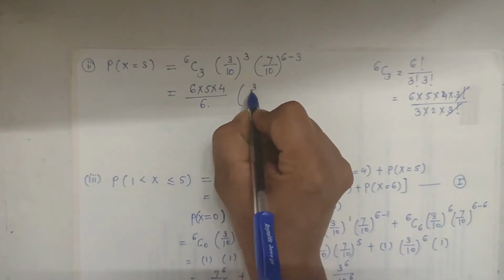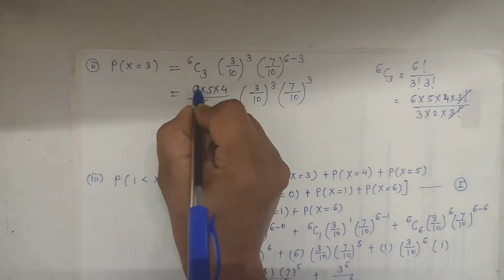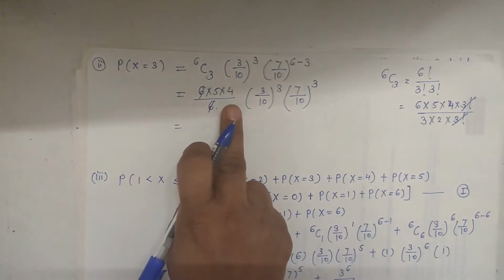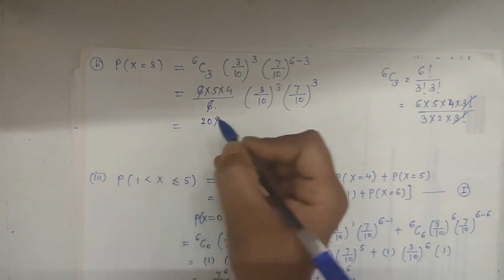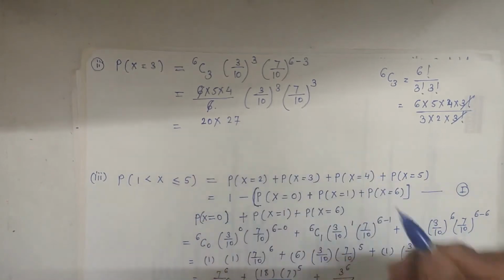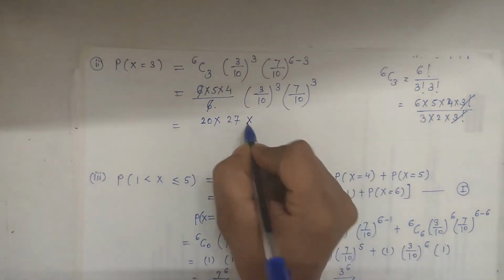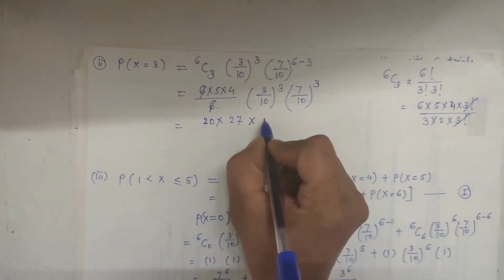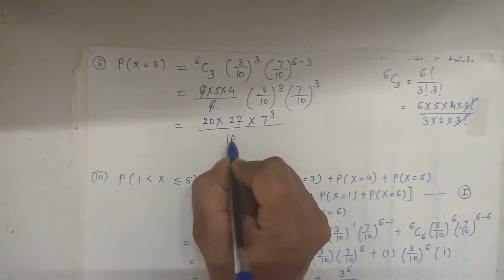Here 3 into 2 is equal to 6, into 3 by 10 raised to 3 and 7 by 10 raised to 6 minus 3, that is 3. Now here 6 will be cancelled. 5 into 4 is 20. 20 into 3 cube, 3 into 3 into 3 is 27, into 7 cube, upon 10 raised to 3 plus 3.